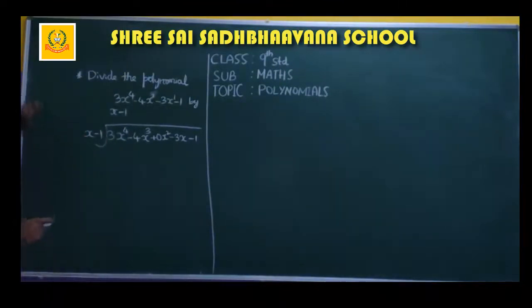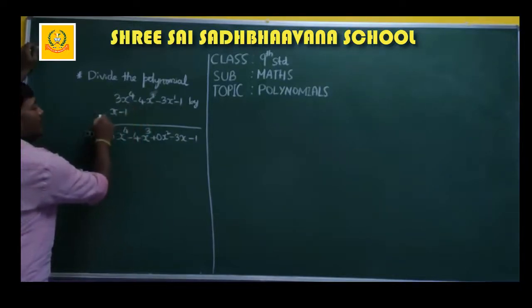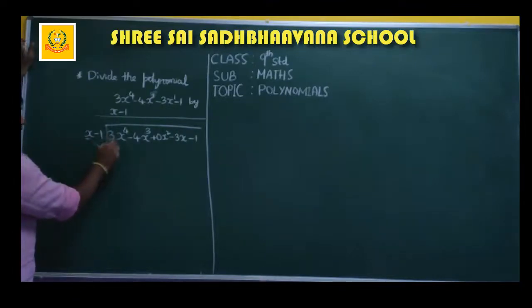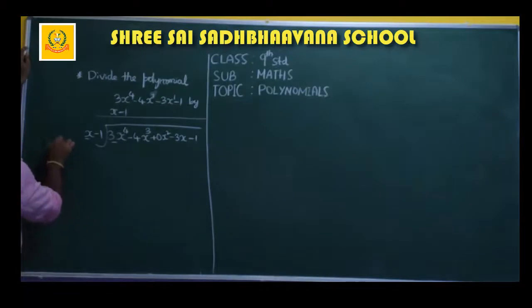So the same procedure we followed in the last sum, we are going to follow here. Now when you observe, x is the first term here, and here the first term is 3x power 4. What should you do? Divide the first term of the dividend by the first term of the divisor.